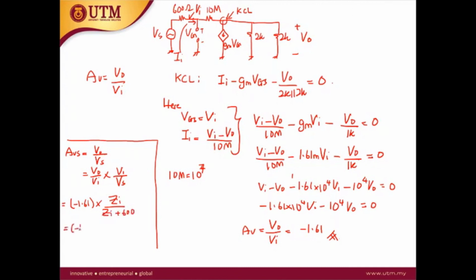So this is minus 1.61 times the Z in, which is equal to 3.83 mega. Okay, the input impedance is quite high, and this is 3.83 mega plus 600. So there will not be much difference, so this is roughly equal to the same, minus 1.61.